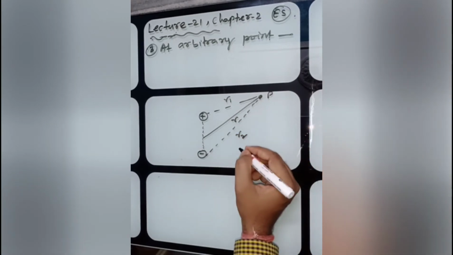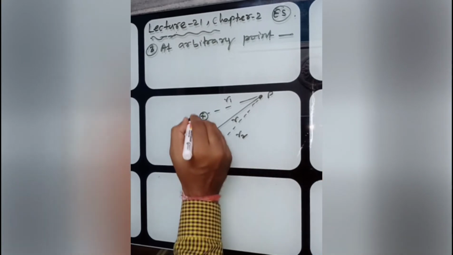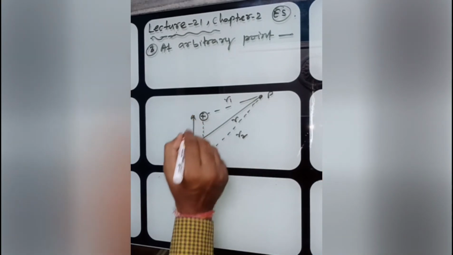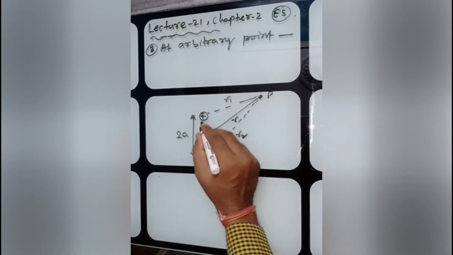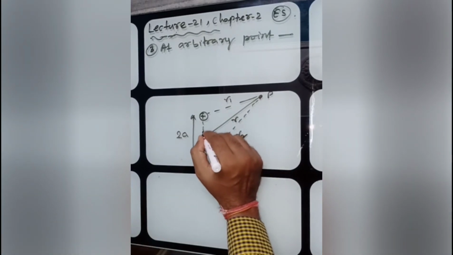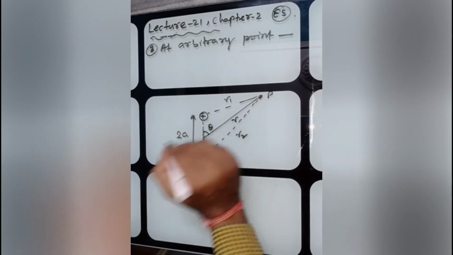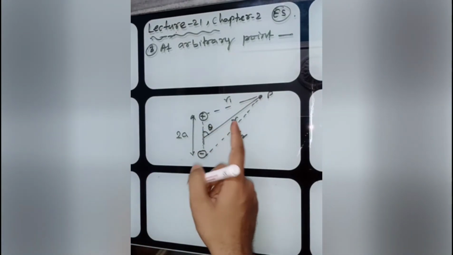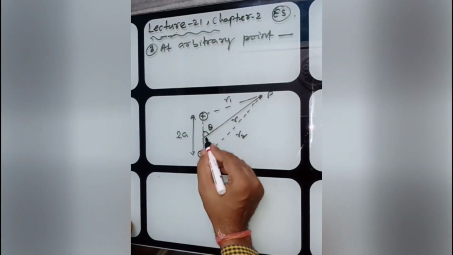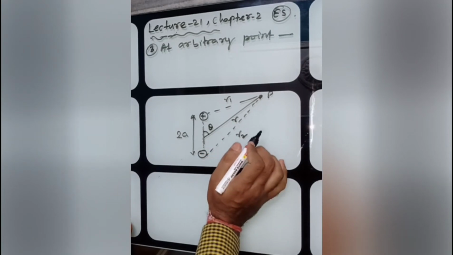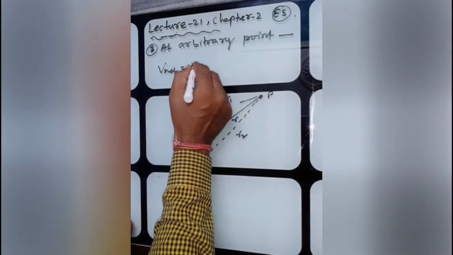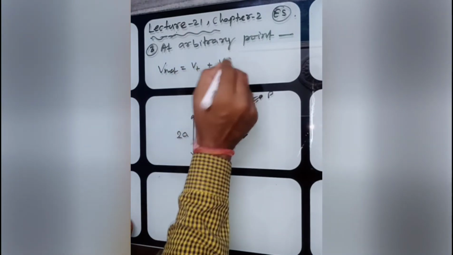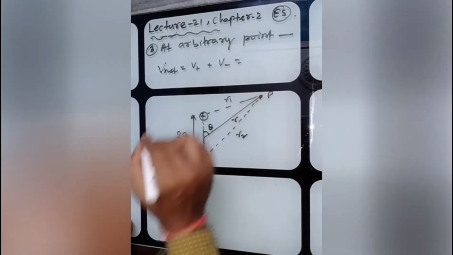Okay, my dear students, this is the dipole. Dipole length is how much? It is 2a. This is negative, this is positive. With the dipole moment direction, the angle theta is given. If it is theta, this will be 180 minus theta. The net potential we will write as V net equals V plus V minus. And what is V plus?